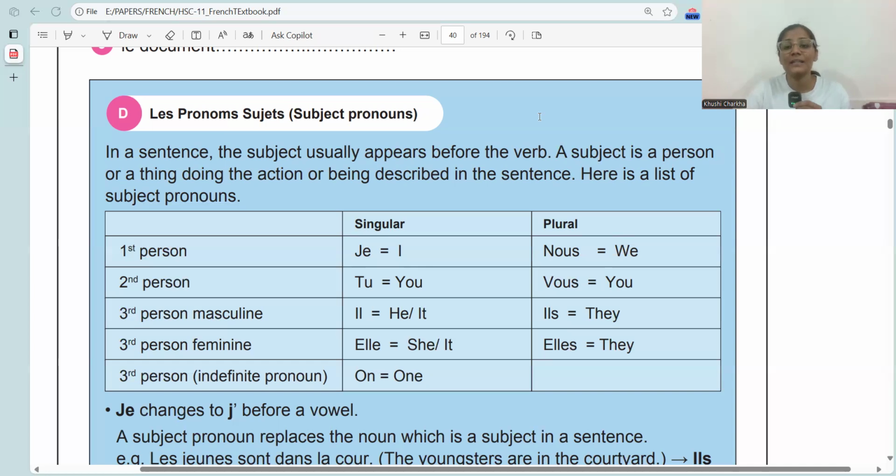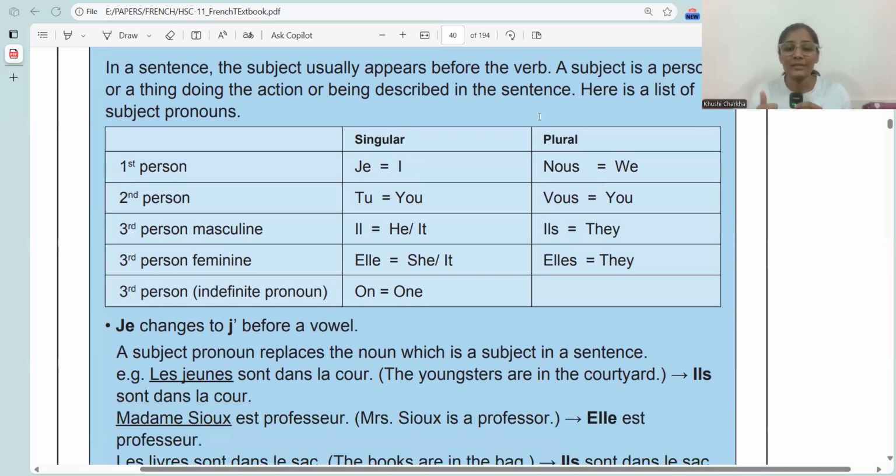Then ils is for masculine plural, they, only masculine plural. Elles is for only feminine plural. Okay, I'll repeat once again. Je means I, tu means you, il means he or it, elle means she or it, on means one, nous means we, vous means you, ils means they, elles means they.